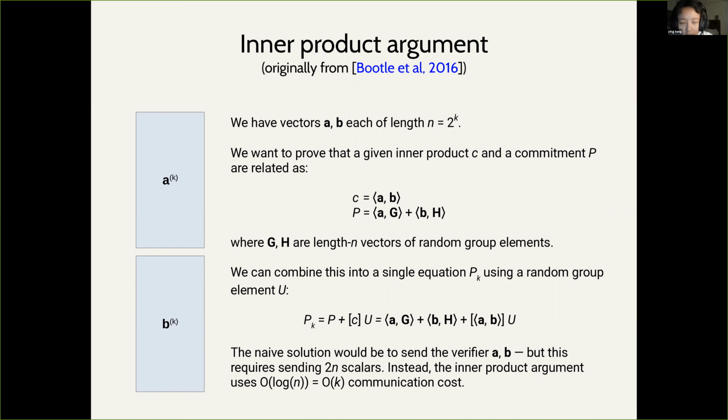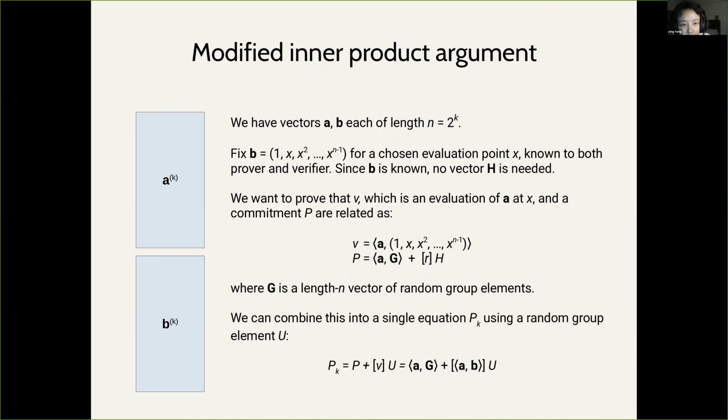And this was originally from Bootle et al. in 2016. And what we've done in Halo is adapt the inner product argument. So we're going to go straight to that on the next slide. So, right. In Halo, here's our problem setup. We have 2 vectors a and b, each of length n.